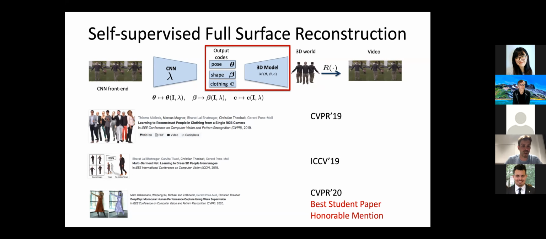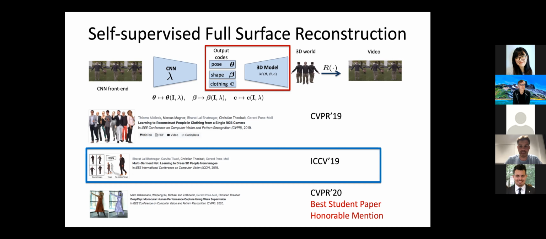I'd be excited to talk about any of these works, but in this talk, I want to talk about the ICCV 19 work, which is called Multi-Garment Net, which is the one that separates the clothing from the body and separates the clothing into parts. And I want to present this to pose a question later, whether this is a good idea or not.